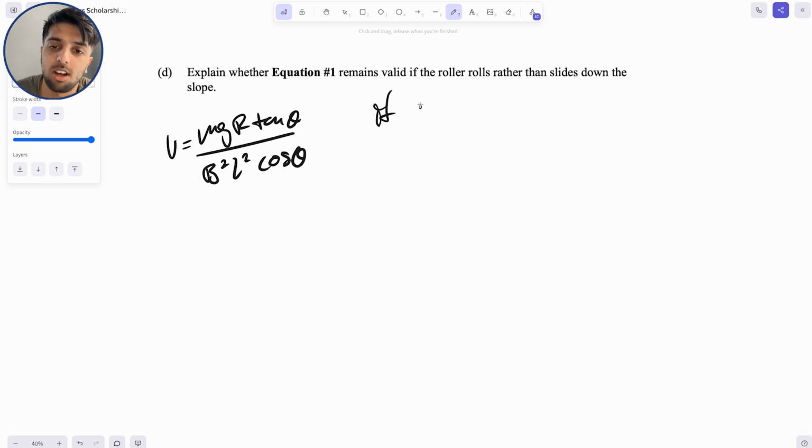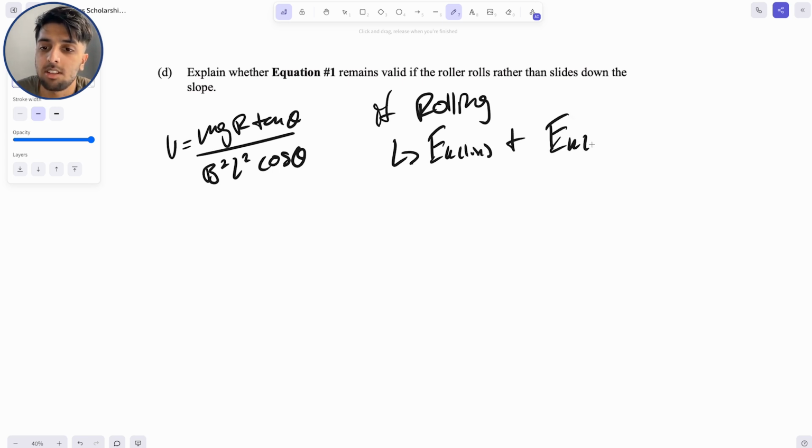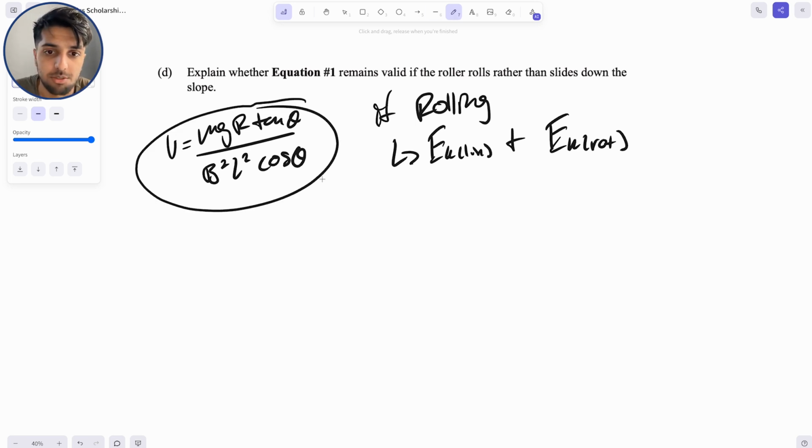So if rolling, we know that this means there's EK linear plus EK rotational. We can see that in this equation, EK rot is not part of the equation at all, and so EK rot has no effect.